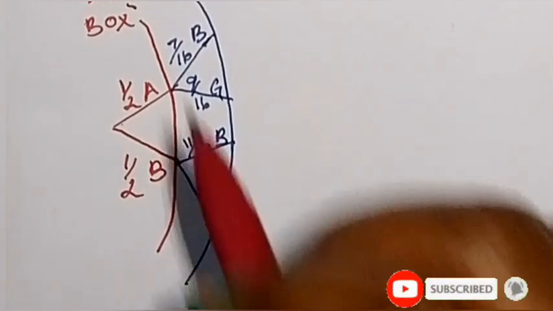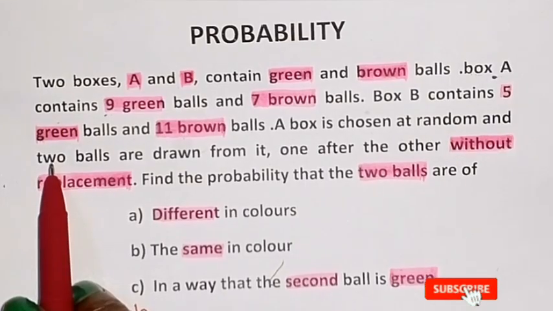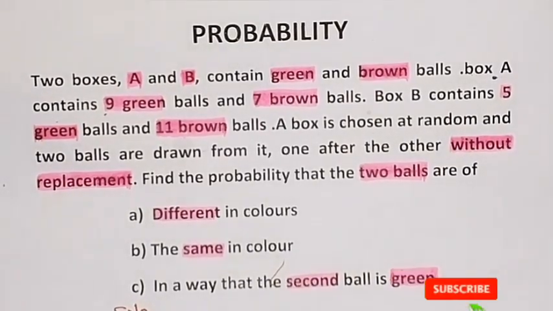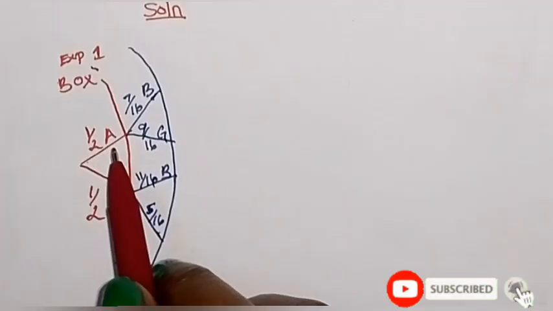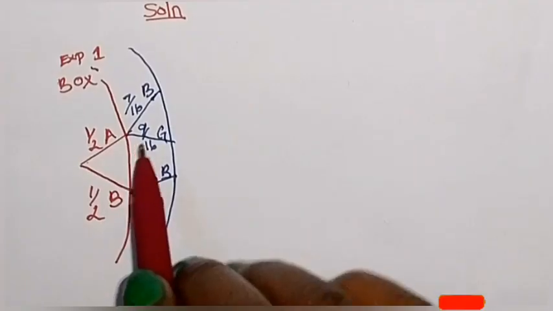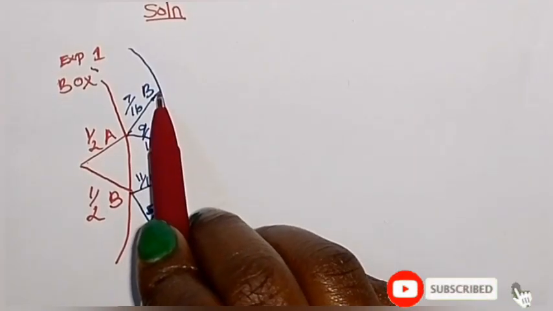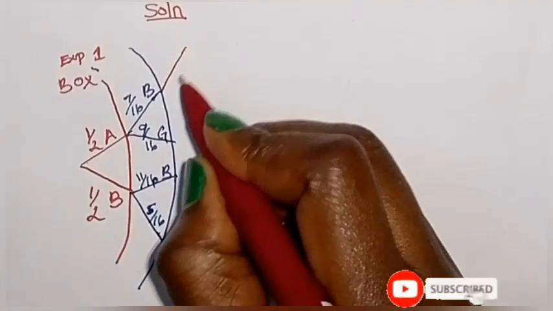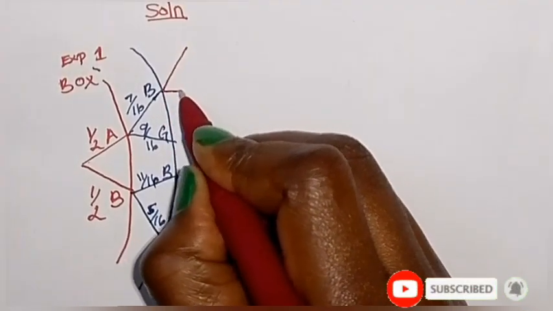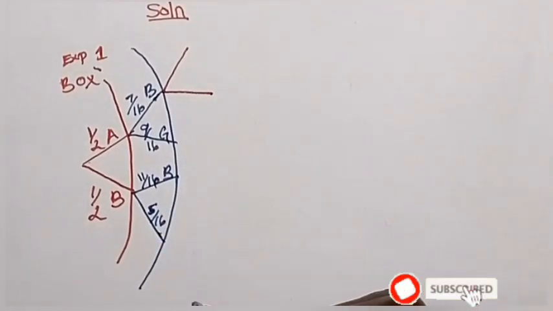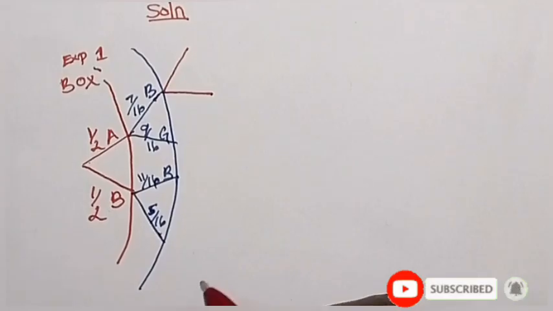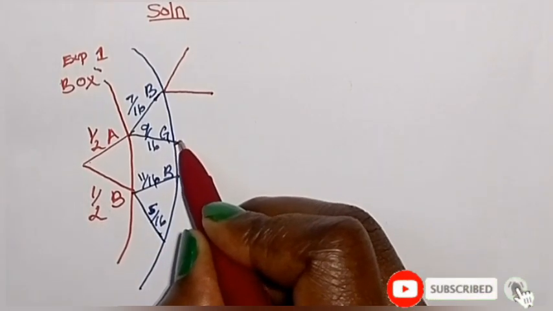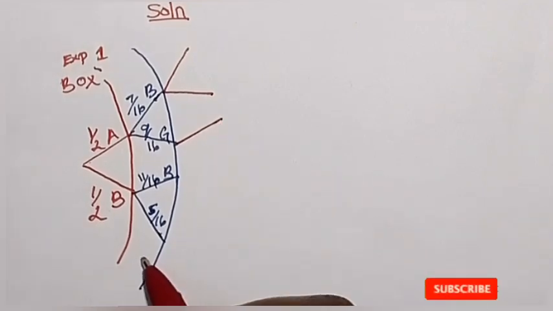So the third experiment is to pick the second ball, because we are supposed to pick 2 balls. So if we chose box A and picked a brown ball, does it mean we cannot pick a brown ball again, or that we cannot pick a green ball in the second picking? If we picked a green ball, does it mean the second ball cannot be green?